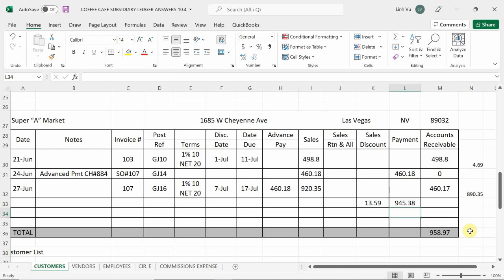So therefore, they're going to make a payment for $945.38, which will give them a total account balance of 0. They don't owe us any more money. So in this case, there's your answer here.